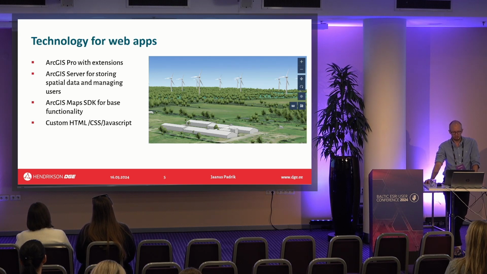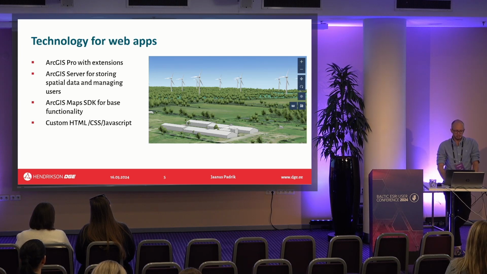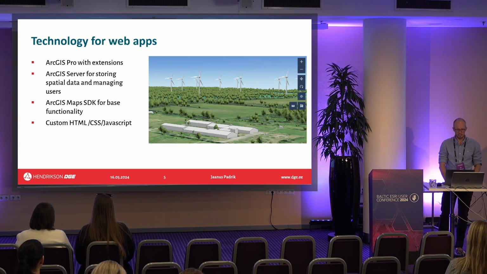And we also are using the ArcGIS Enterprise for managing users for access for our web apps. Then on top of that, we're using the ArcGIS Maps SDK for the base functionality of our apps, and we are trying to combine that with our own custom HTML and JavaScript codes for furthering the functionality, and also making custom designs with CSS.